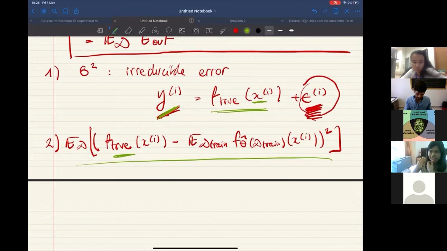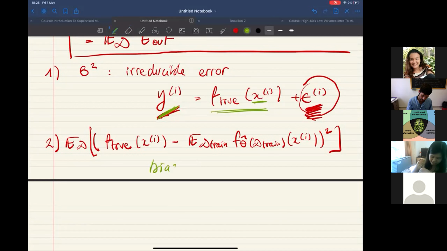So is it the bias? Yes, it is the bias. Actually we call it the bias squared because we have a square here.